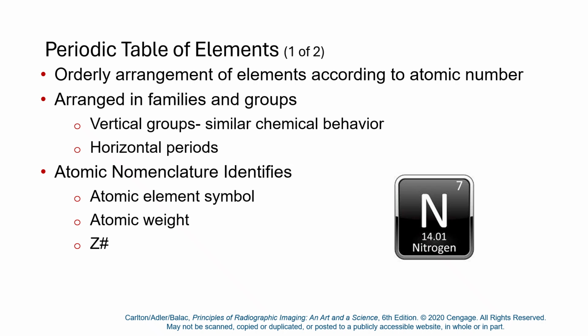And then we have the atomic element symbol, which is important for chemical formula shorthand, because you don't want to write out nitrogen every time. Nitrogen plus oxygen equals nitrogen dioxide. Well, that takes a lot of chalkboard space. So why don't we just say capital N is nitrogen and capital O is oxygen. And then a subscript 2 means there are 2 oxygens.